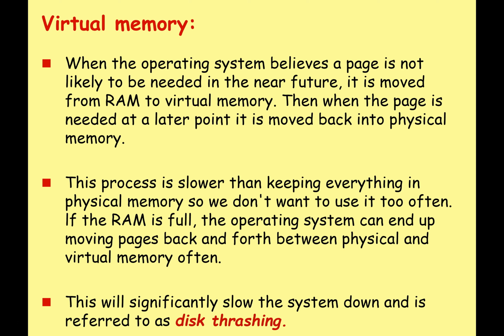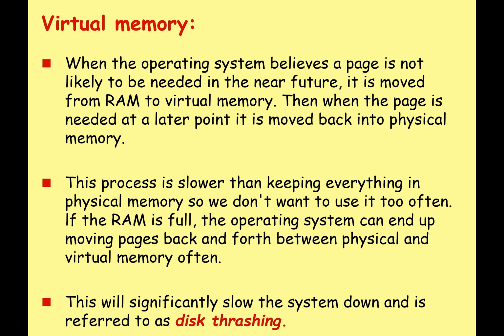Now this process is slower than keeping everything in physical memory, so we don't want to use it too often. If the RAM is full, the operating system can end up moving pages back and forth between physical and virtual memory too often. And this can significantly slow the system down and can be referred to as disk thrashing.